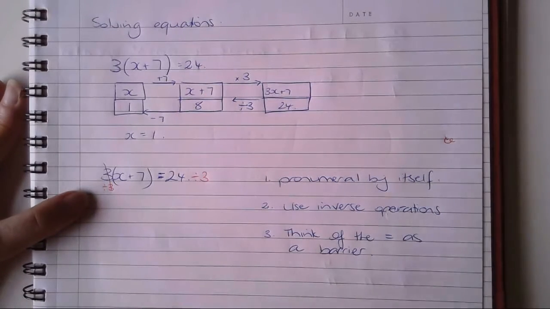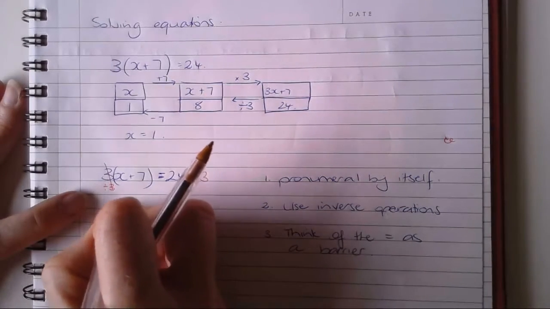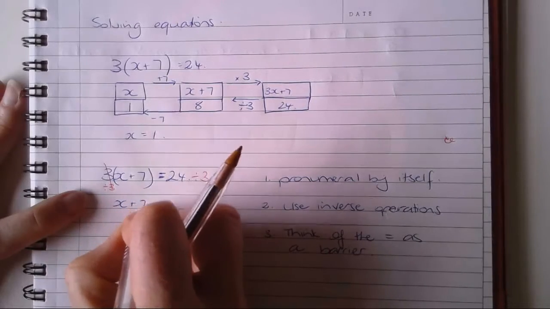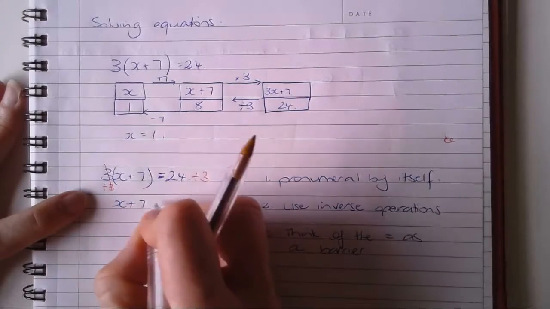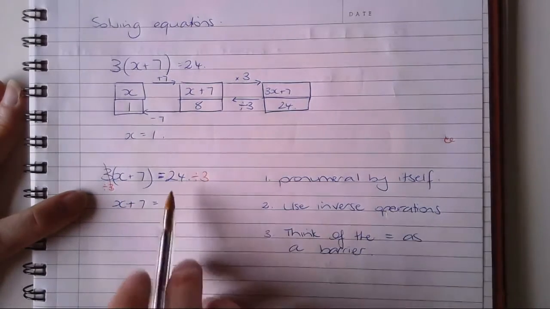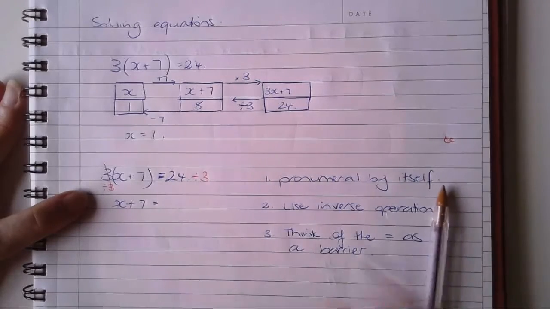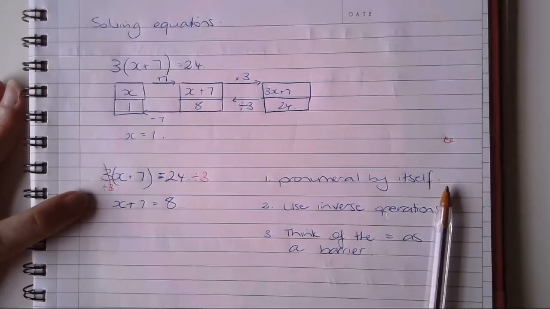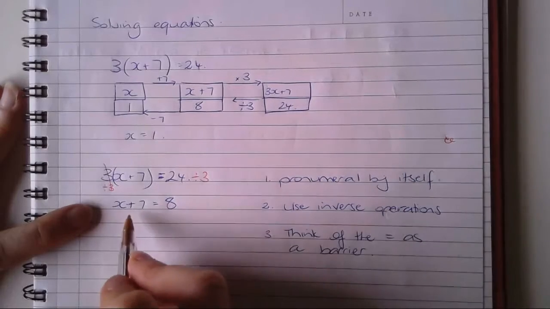At every step, you must rewrite your equation. So now I have just the x plus 7 equaling 24 divided by 3. So 24 divided by 3 is 8. Now the only thing remaining is my plus 7.